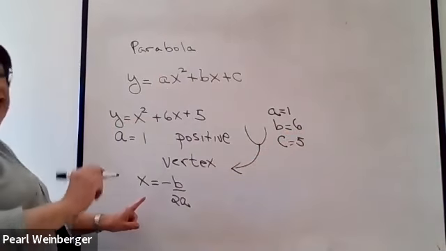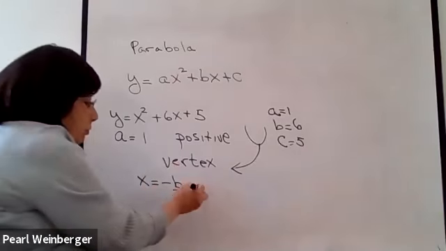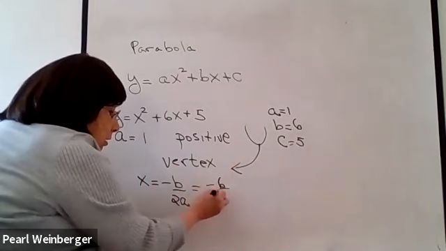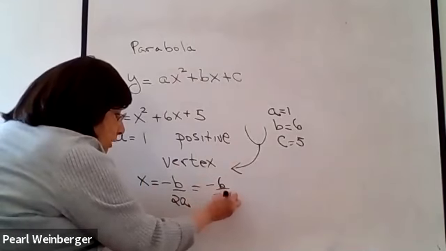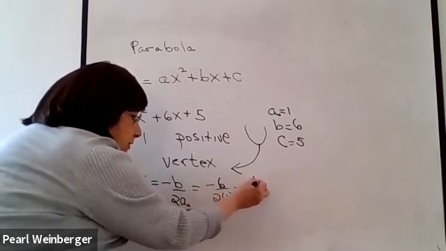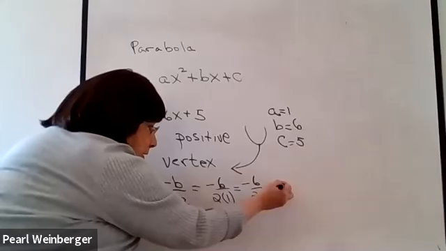So if I want to find the vertex, I put x equal to negative b, which is negative 6, over 2 times 1, because my a is 1, which gives me negative 6 over 2, or negative 3.